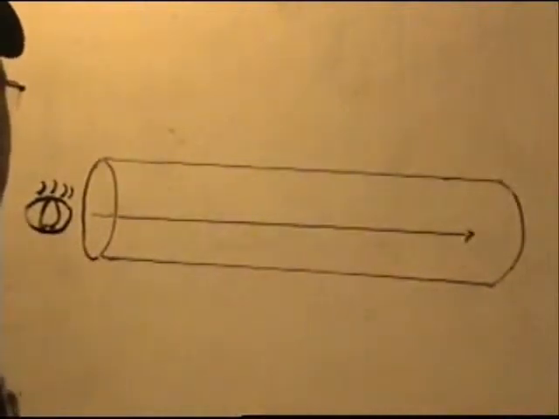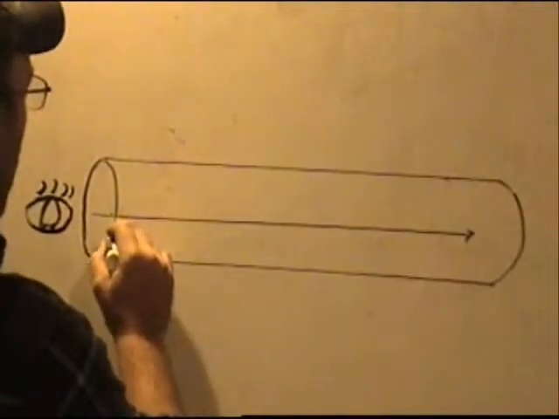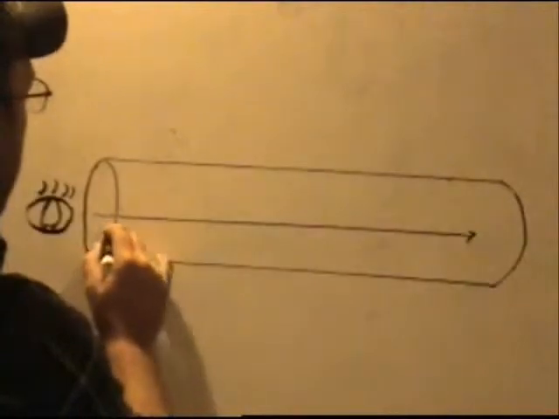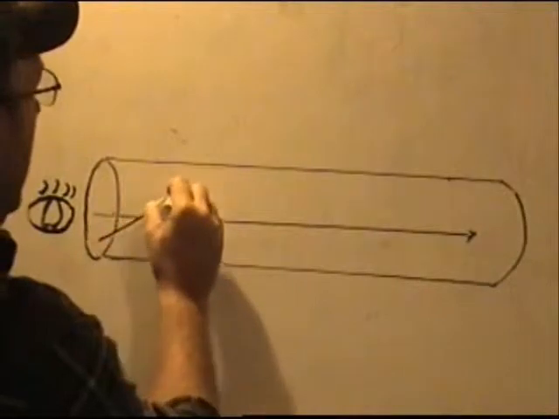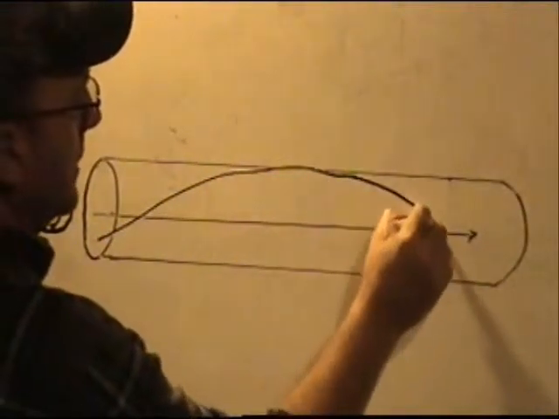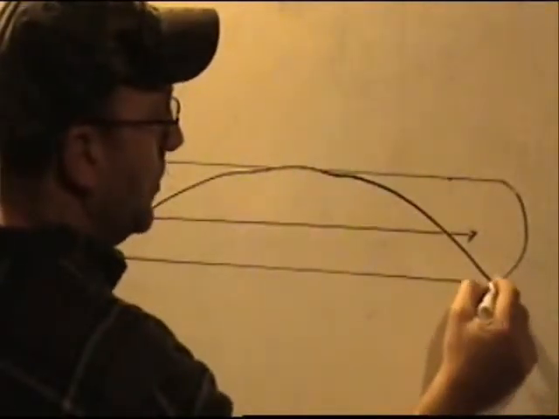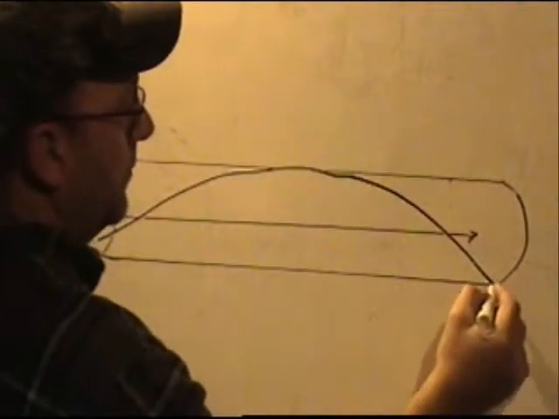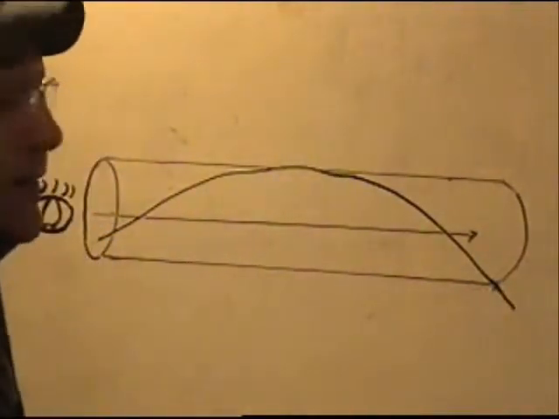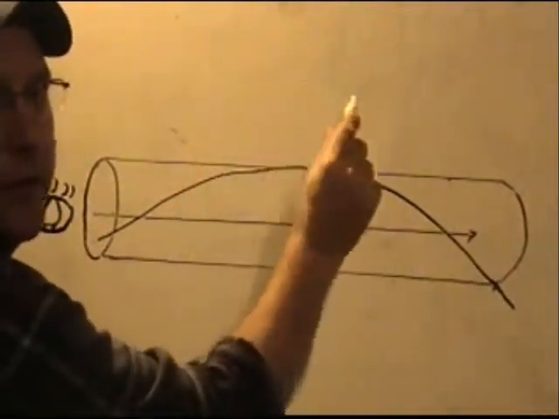Let's say we're going to sight in a muzzleloader, and you're going to determine what distance that bullet stays in the tube before it drops out of the tube. Once it drops out of the tube, you're beyond your effective range the way you have it sighted in at that point.